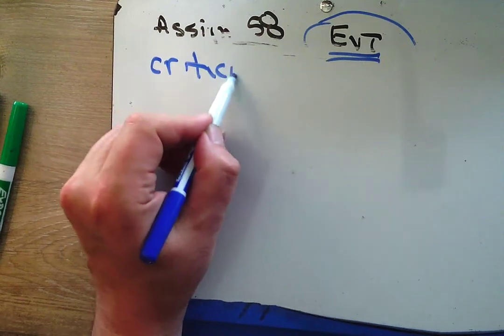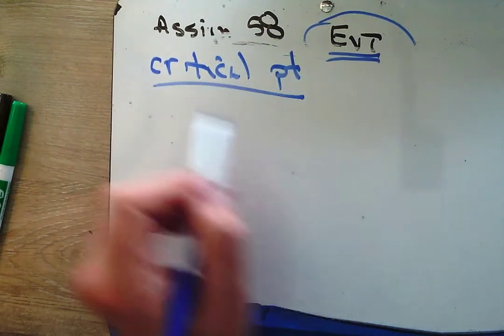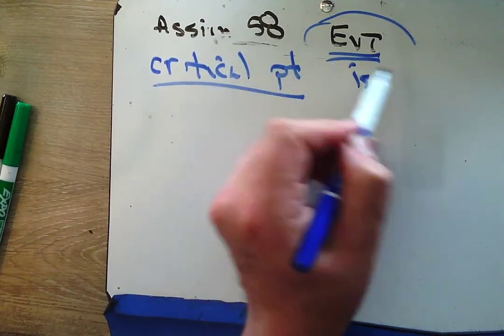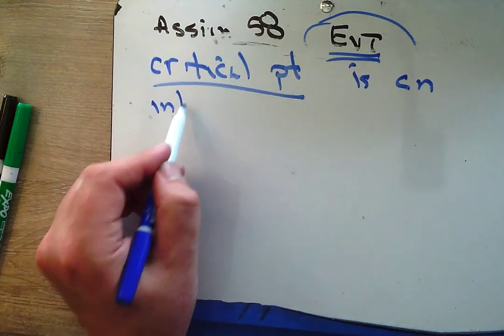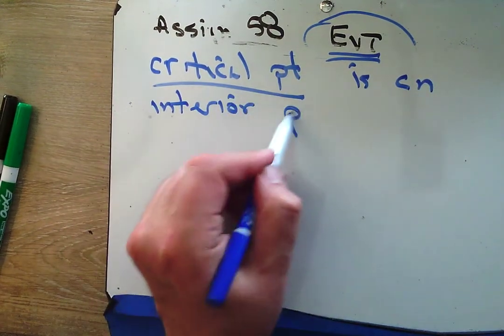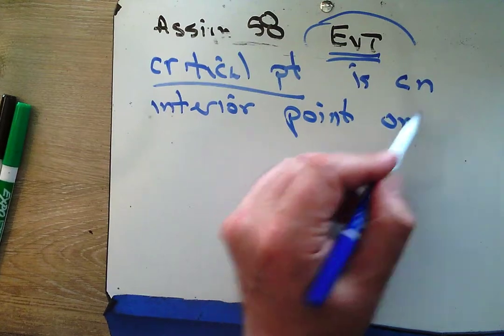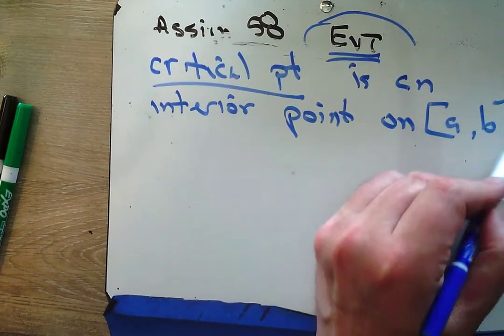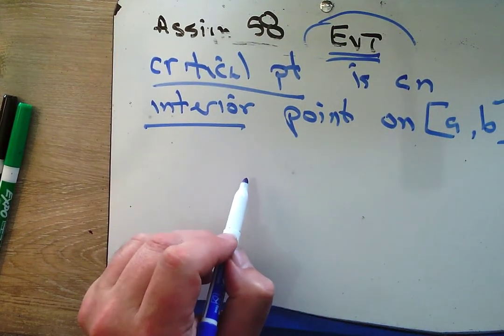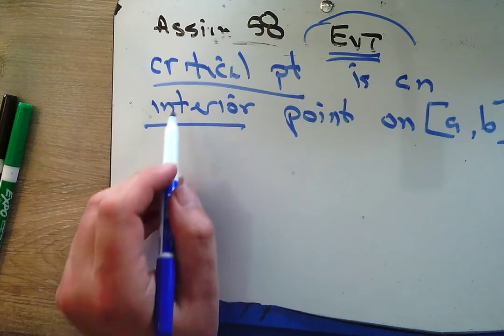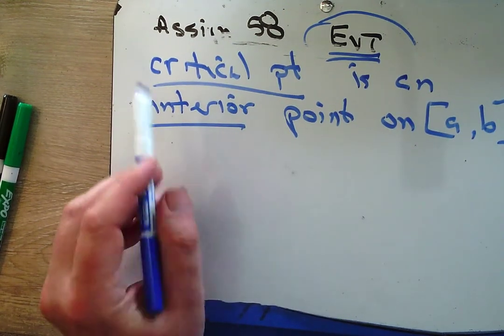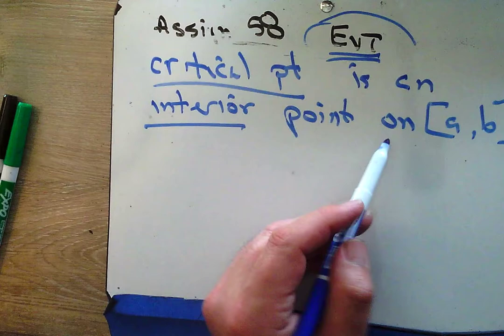There's critical point. A critical point is an interior point on A to B. And what we mean by interior here is that that point is not an endpoint. Okay, critical point is not an endpoint.